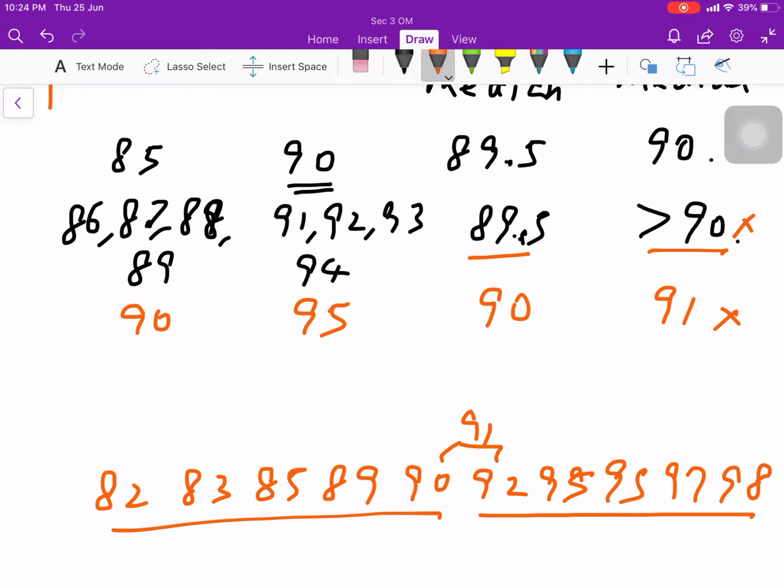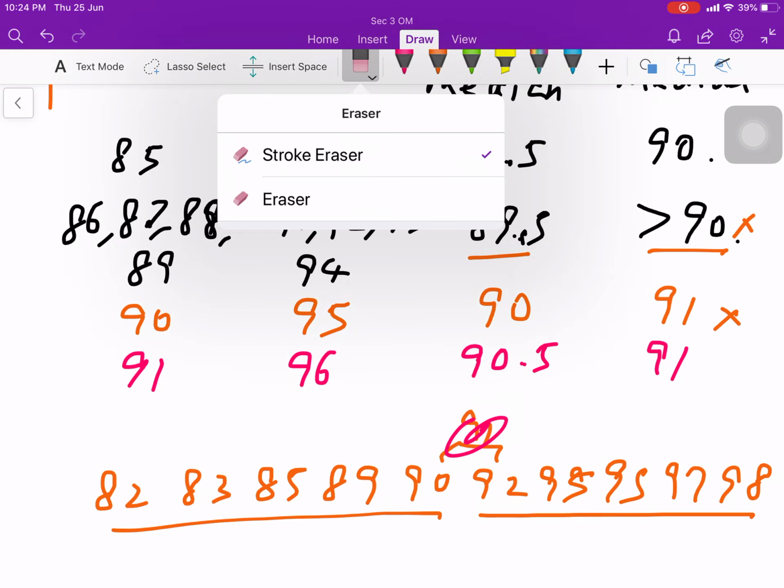Then let's say now the median is 91. Let's say the original score is 91. Then the revised score will be 96. And then can you see that the original median is 90.5, and then this part here is 91. Therefore in this case, can you see that if the original score is 91, right? If the original score is 91, therefore can you look at the original score?